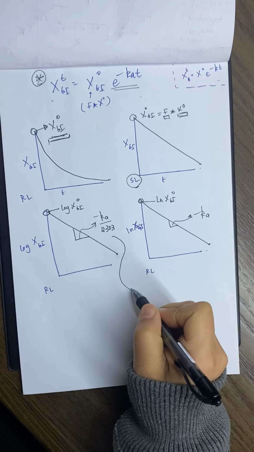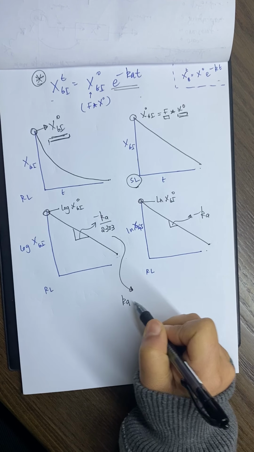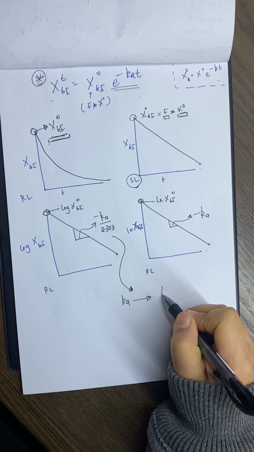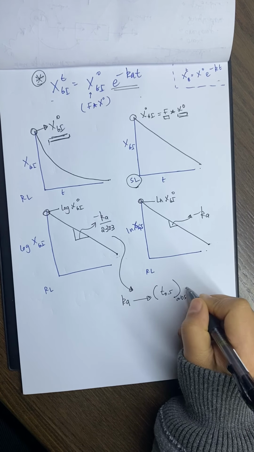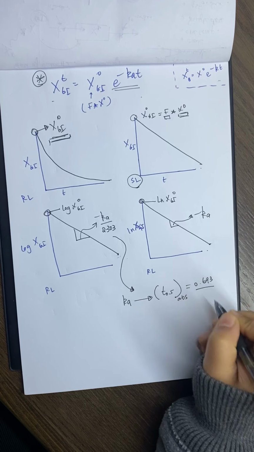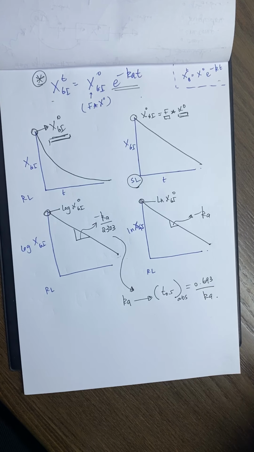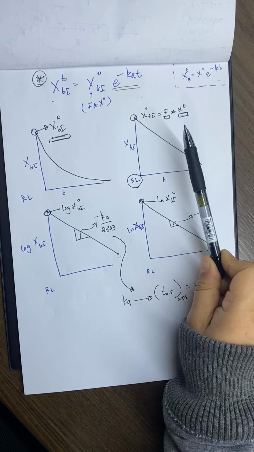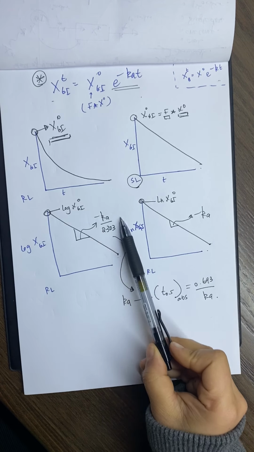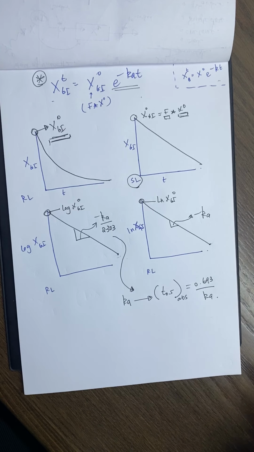And if you know Ka, you will be able to determine the absorption half-life, which equals 0.693 over Ka. So I was able to determine X_GI, F, which is the fraction of the bioavailable drug, Ka, and the absorption half-life, right? Mathematically we can do that, kinetically we can do that, but we have a problem.